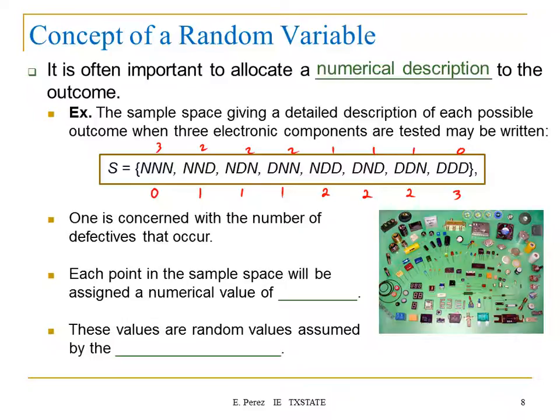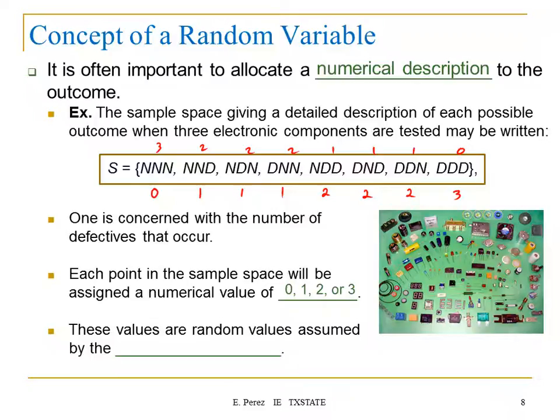Okay, so what we're trying to do here is to define a number for each outcome. That definition of that number, or that function, is what is a random variable. This is a random variable. What is concerned with the number of defectives that occur? Each point in the sample space will be assigned a numerical value that will go from 0 to 3. The reason for that is that you cannot have more than 3 defectives, because that's the limitation of your sample point or your outcome.